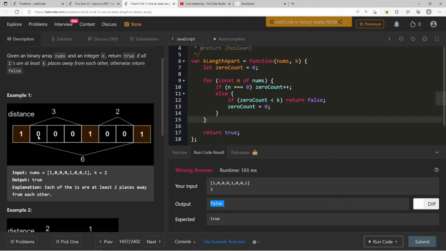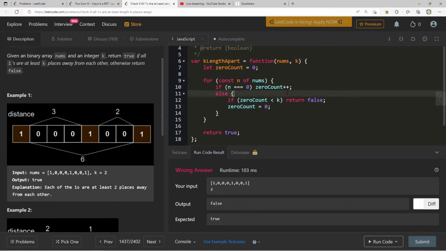Then we come to here, zeroCount plus plus, that's 1. Then 2, then 3. We come to here, n is not equal to 0. So is 3 less than k? No. So now we set zeroCount to 0. We come over here, zeroCount plus plus, that's 1, then 2. Is 2 less than 2? No. It's equal to 2. So zeroCount is equal to 0. And then we finish and we return true.